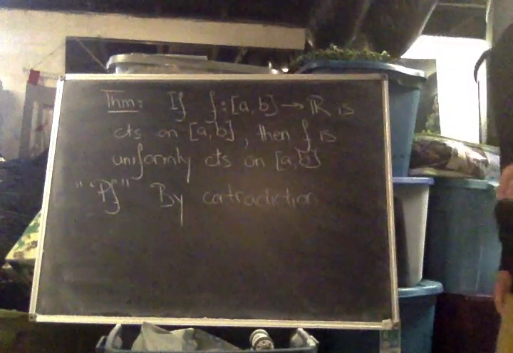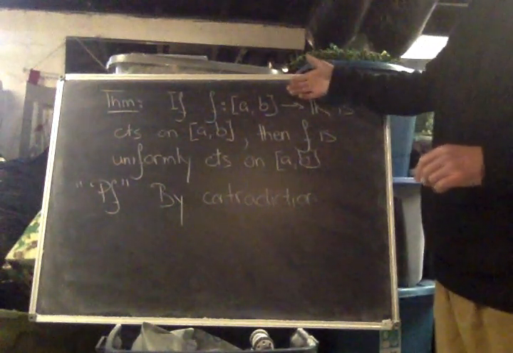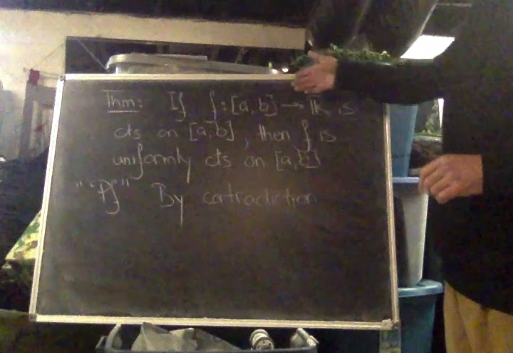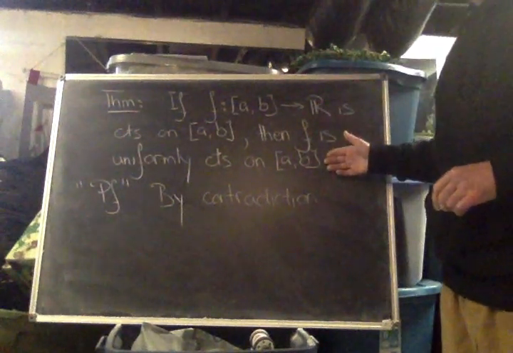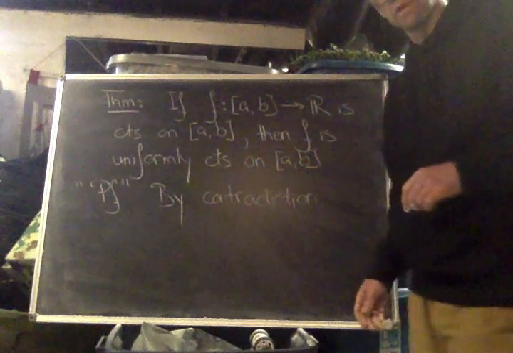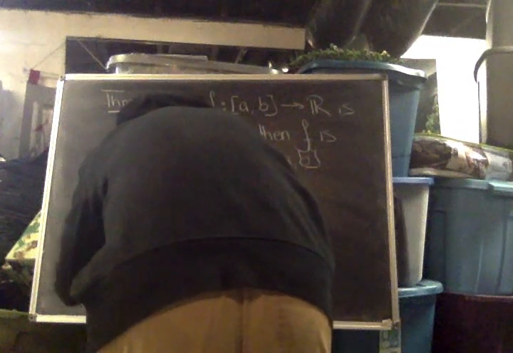Okay, so the idea will be we assume f is continuous at every point in the closed bounded interval [a, b], but that f is not uniformly continuous. Okay? So then we say f is not uniformly continuous.